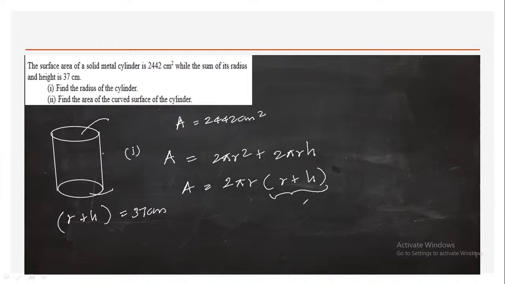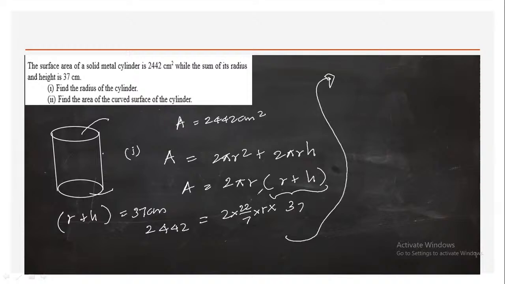So instead of this, we can write 37 into 2 into 22 over 7 into r equals the total area given, 2442. So we can write 2 times 22 over 7 into radius into 37 equals 2442. Then you can write here 37.